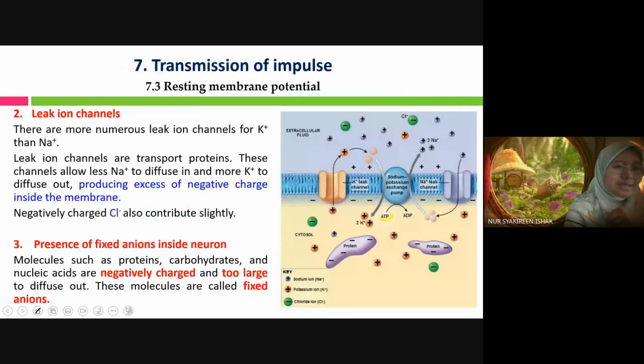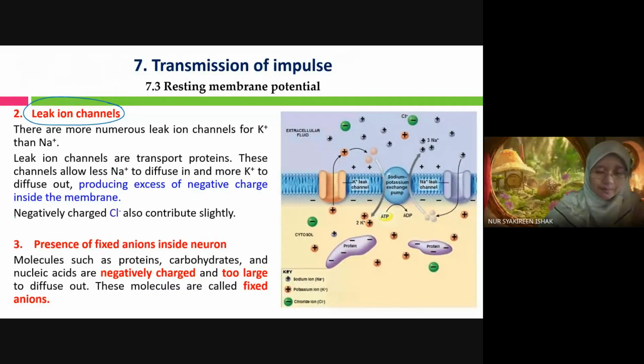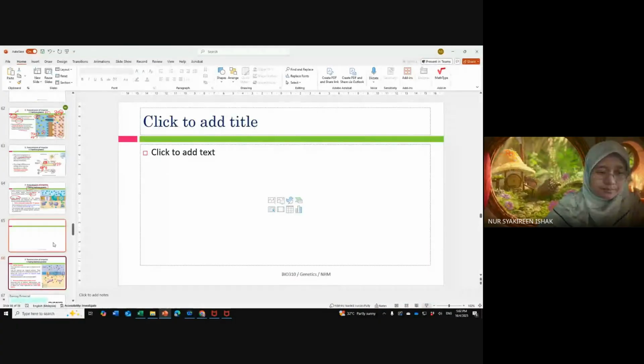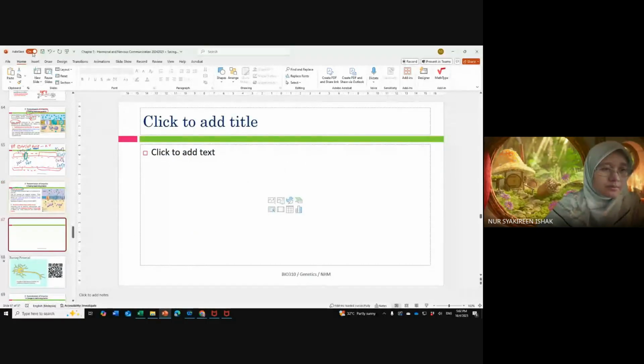And then the second point that maintains the cell to be negatively charged is the presence of leak ion channel. Okay, leak ion channel, remember that it is always open.